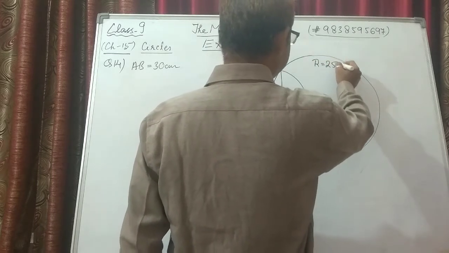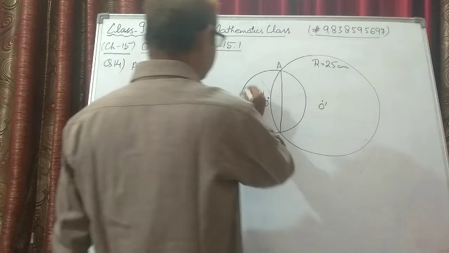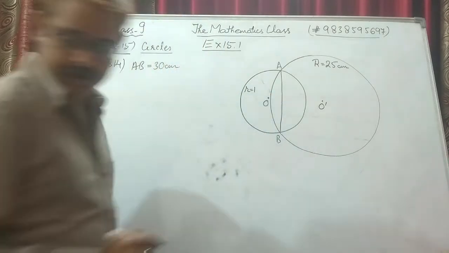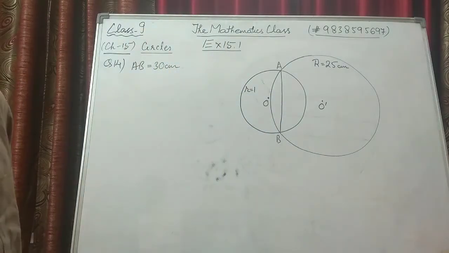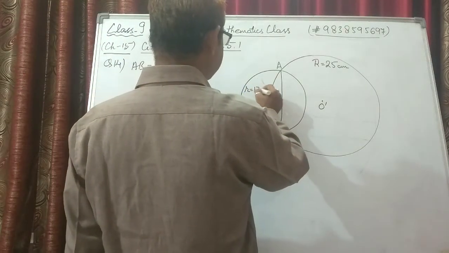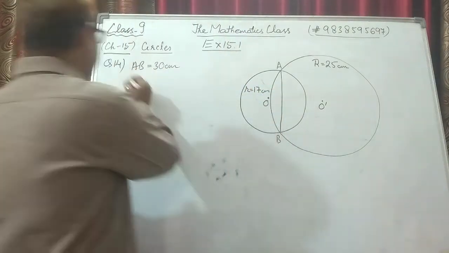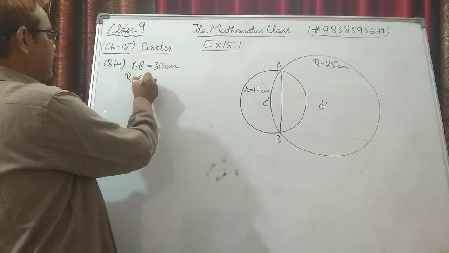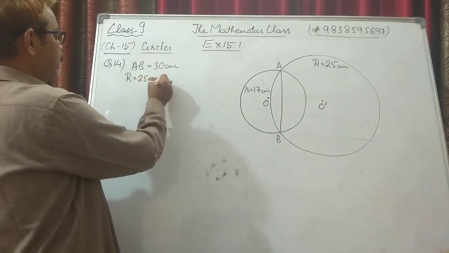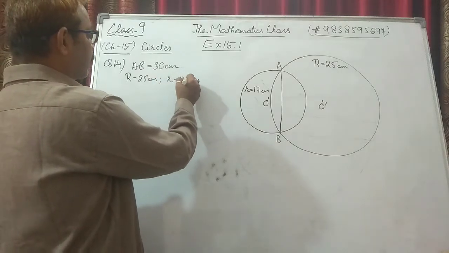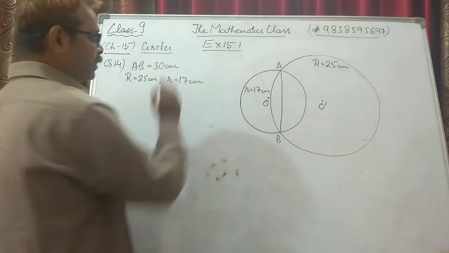This radius is 25 centimeters, and for the smaller circle the radius is given as 17 centimeters. Capital R represents the radius of the bigger circle, that is 25 centimeters given, and small r represents the radius of the smaller circle, that is 17 centimeters given.